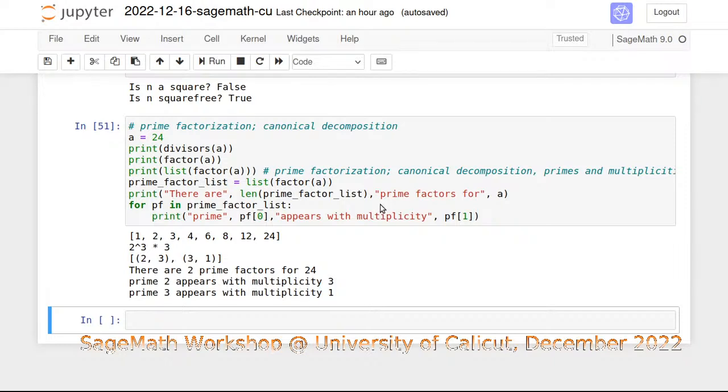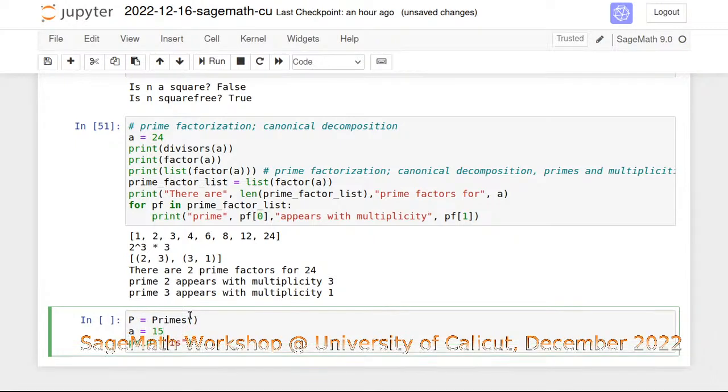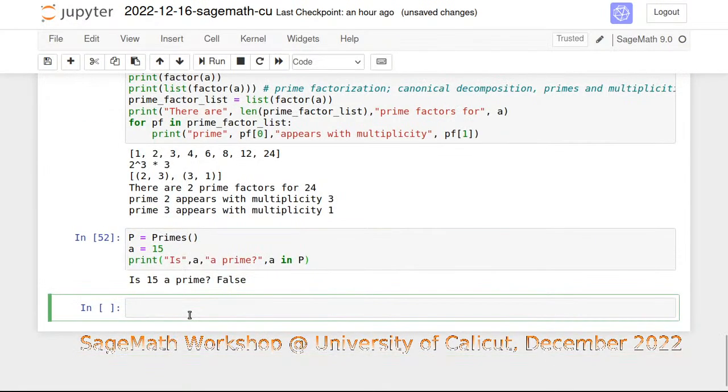Now there is actually a set called primes itself, defined by Primes. We can ask, is A equal to 15 in the set of primes, which is essentially asking A in P. The answer is false.